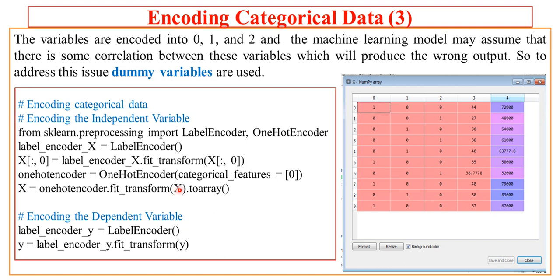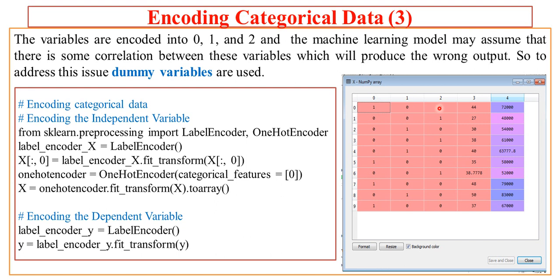It applies the dummy variable conversion concept on the X, but only on the categorical feature column 0, because we have already told the one-hot encoder that the only categorical feature we need to consider here in our case is country, and that is at column index 0. So with this, the transformation will be done and you will get output something like this.